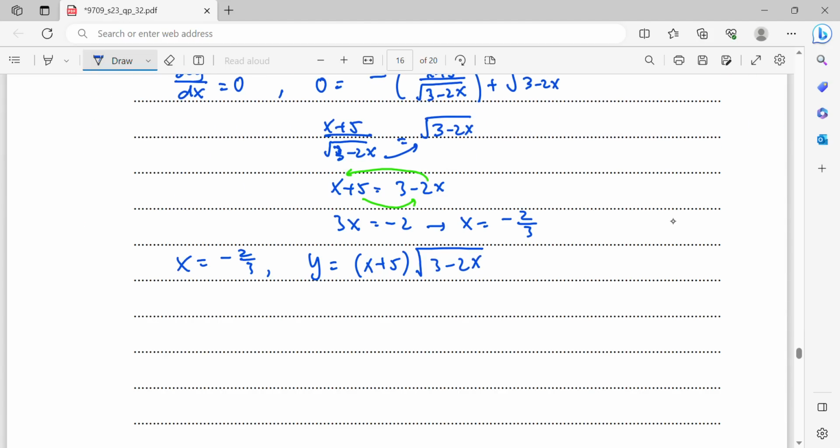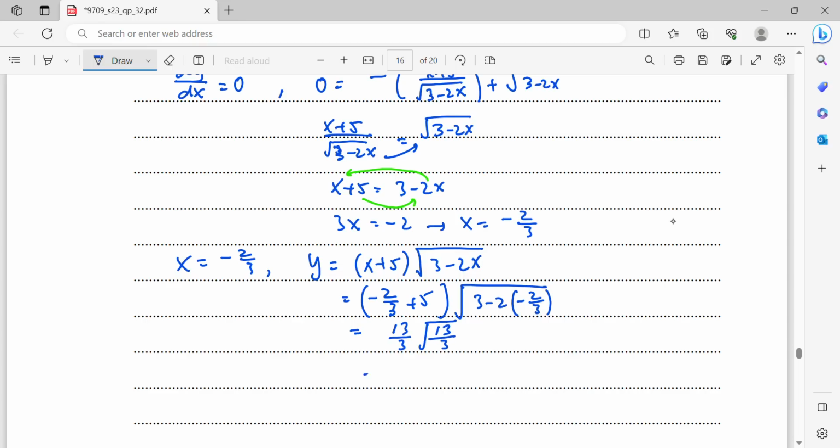That means I will get negative 2 over 3 plus 5, all this multiplied with square root of 3 minus 2 times negative 2 over 3. So now when you calculate this value, it will be 13 over 3, because negative 2 over 3 plus 5 is 13 over 3. Then this is going to be square root of 13 over 3.